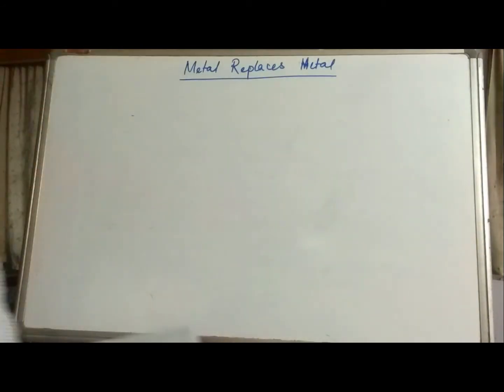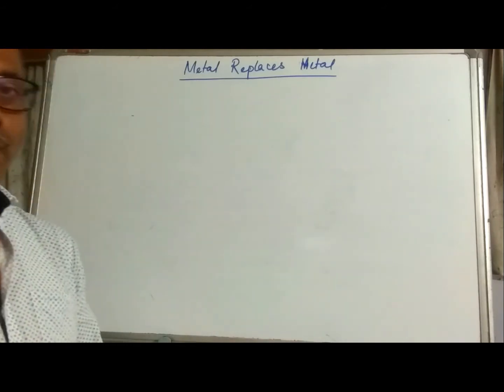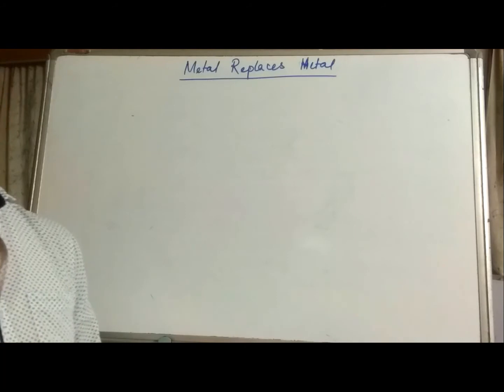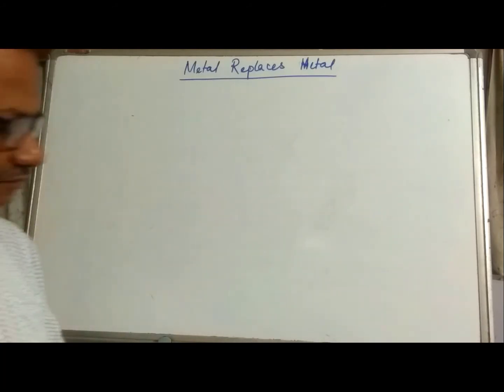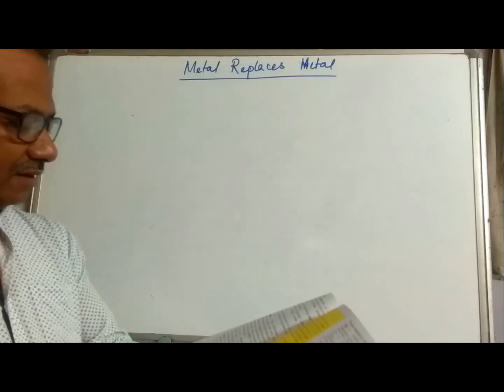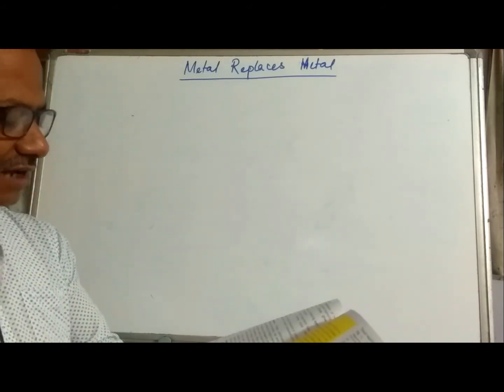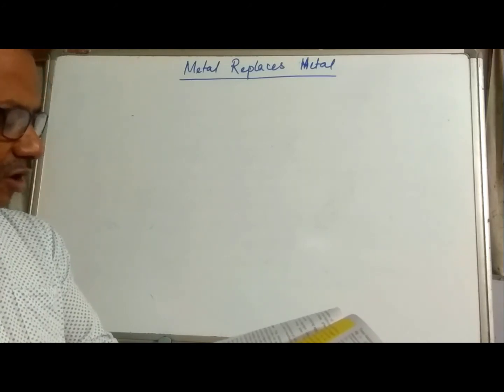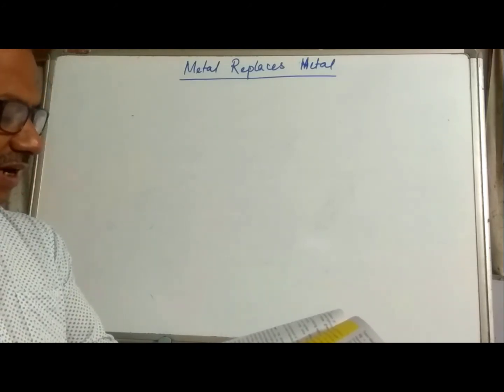That means in an equation, if two metals take part, suppose one is a metal and the other is a metal compound, then one metal can replace the other metal. So it is known as metal replaces metal. Metals have different capacities to react in a chemical reaction. Some metals are more reactive than other metals.